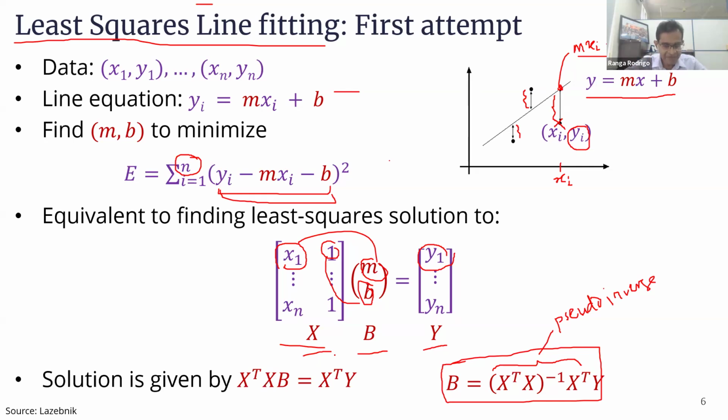The solution is given by this one. It's a very simple solution. If you want to prove it, you can do so by differentiating with respect to m and differentiating with respect to b. But I will not do that right now. You can do it, but take this as the solution.